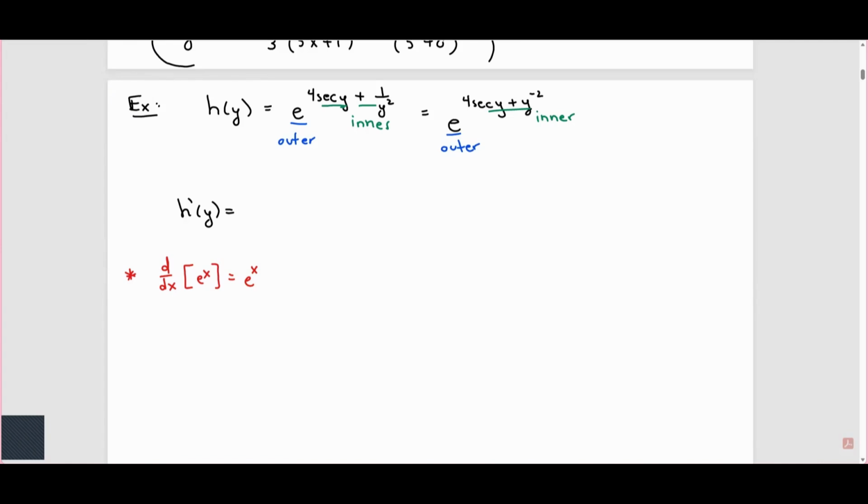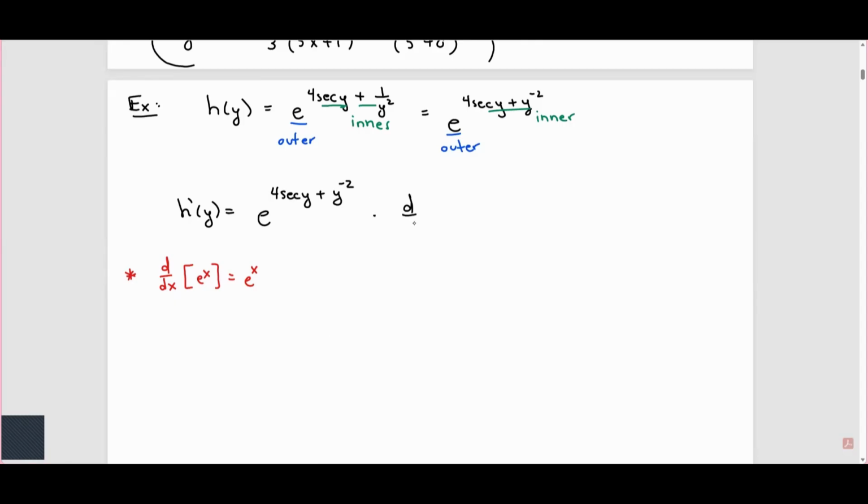And because I'm supposed to keep my inner function nestled inside, I truly just keep that original e to the 4 secant of y plus y to the negative second. Nothing changes at all for the first portion of the chain rule. Again, this is because the derivative of e to the x would be e to the x. And so when I go to take the derivative of the outer portion, it just stays the same.